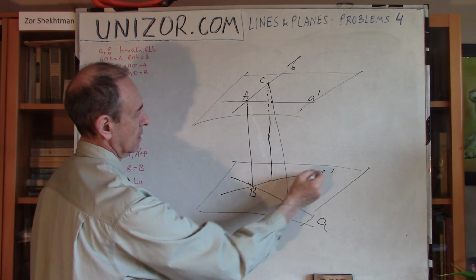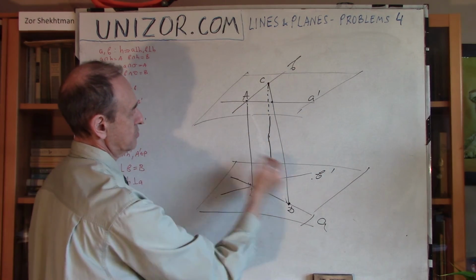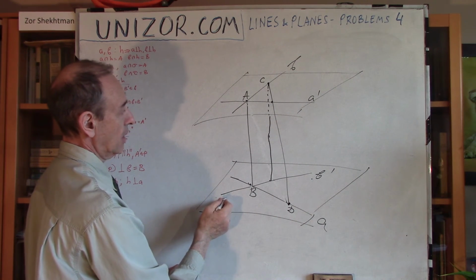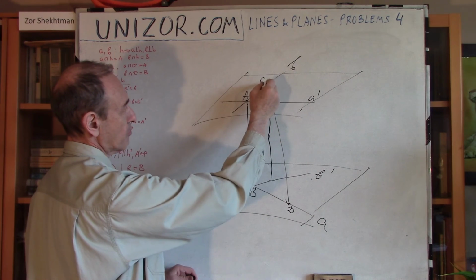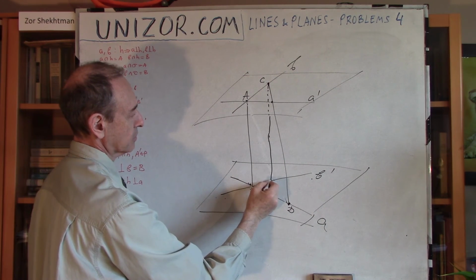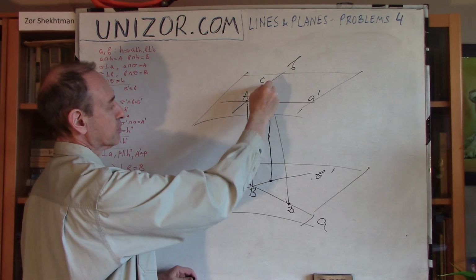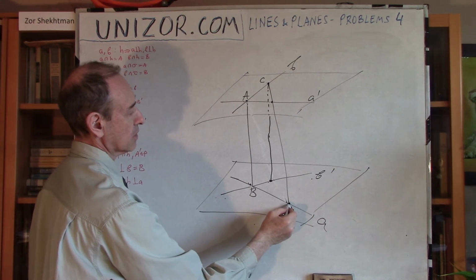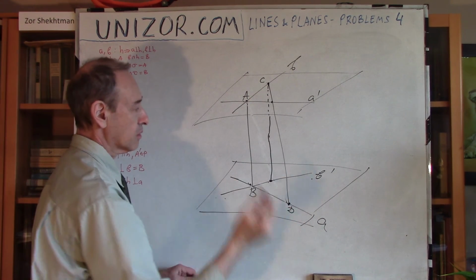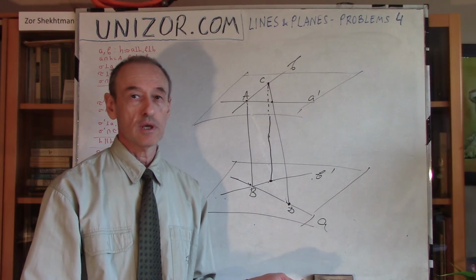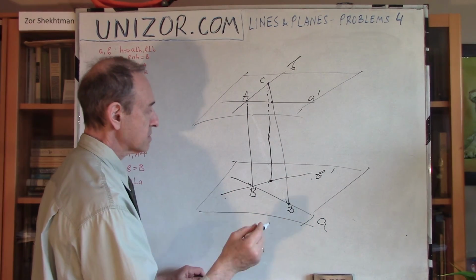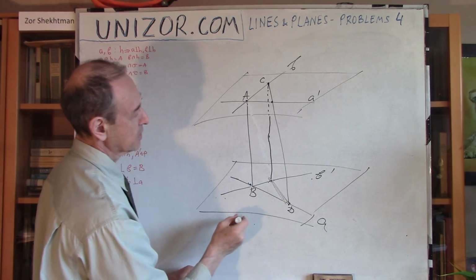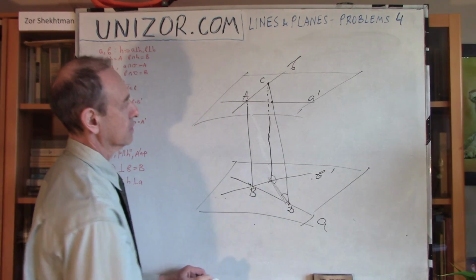It must hit the line B, because B and B prime are parallel, they are lying in the same plane, therefore, and in that plane, if I will draw a perpendicular from C, I will hit this point. So it looks like I have dropped one perpendicular from C to the plane, and then another perpendicular into a completely different point. So it looks like I have two different perpendiculars to the same plane, which is impossible, because this line in between them must be perpendicular to both of them, this one and this one.